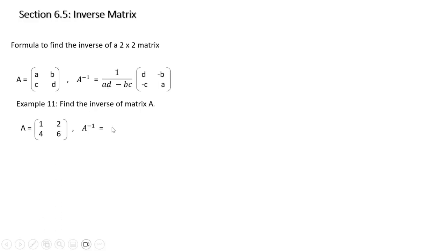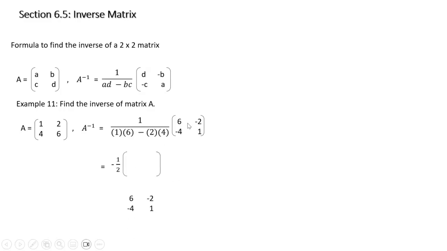So the inverse will be 1 over 1 times 6 minus 2 times 4, by following the formula there. And then the 1 and 6 switch places. And the 2 and the 4 become the opposite sign, so it becomes -2 and -4. If you notice, at the bottom we have 1 over 6 minus 8, which will give us -1/2.